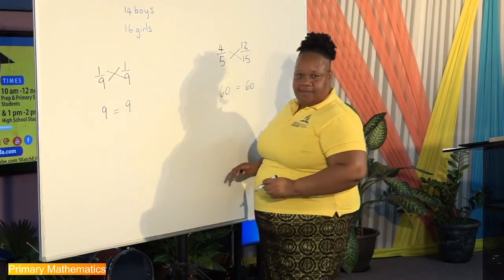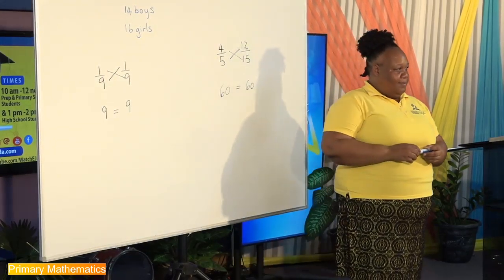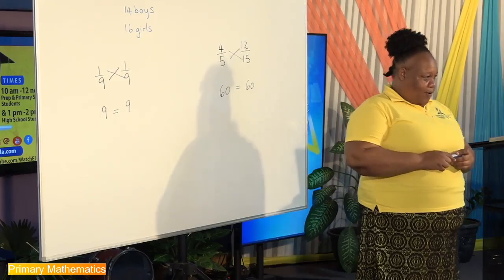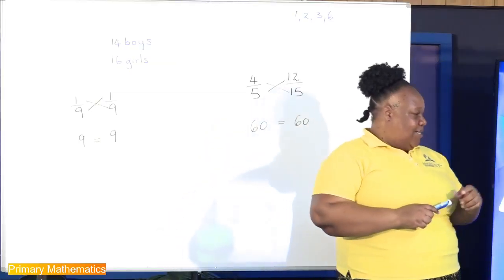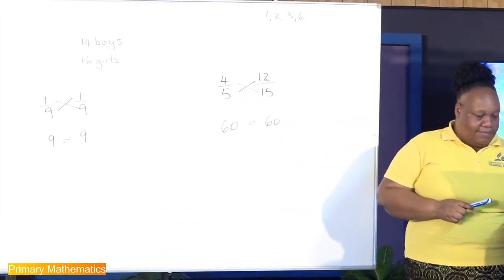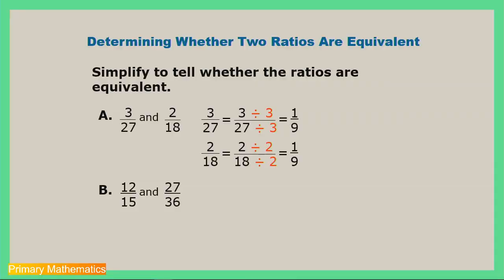So they are equal. So they are equivalent. Let us go to the next example. Example B. Since 1/9 is equal to 1/9, the ratios are equivalent. Very good.